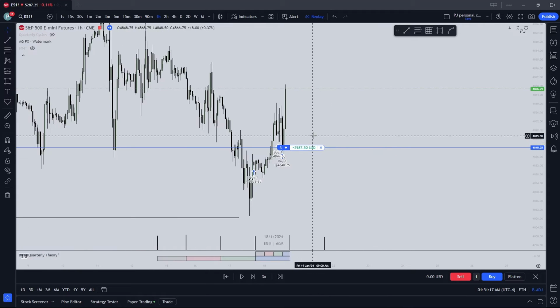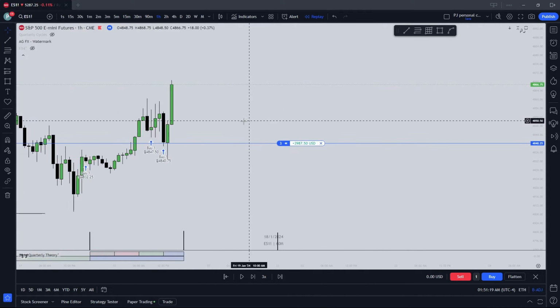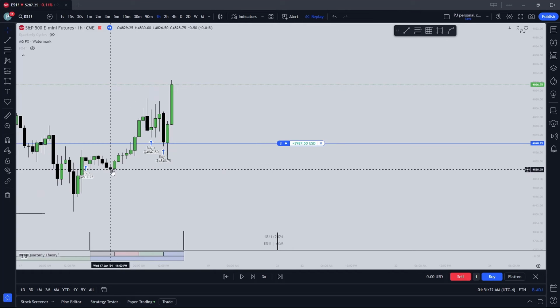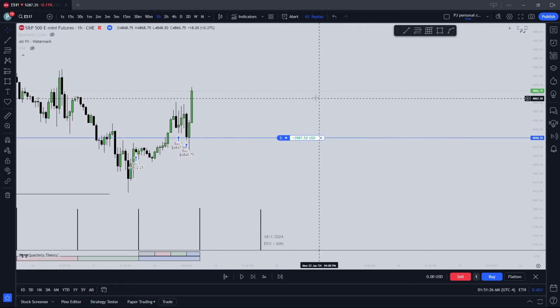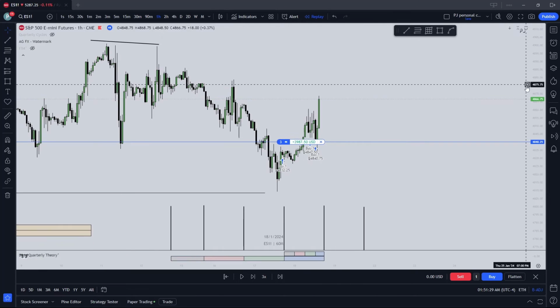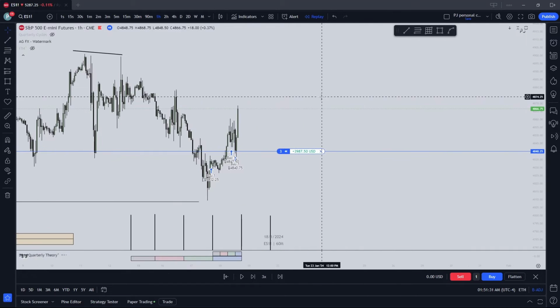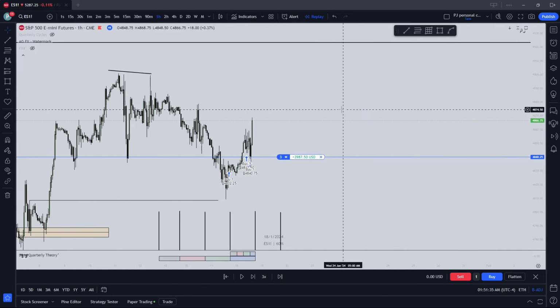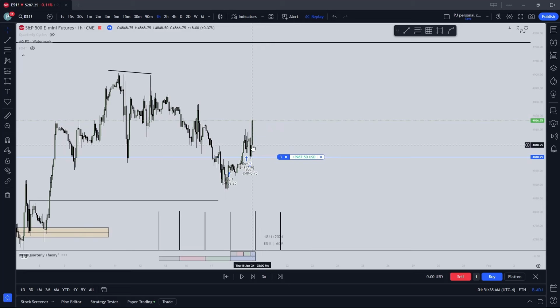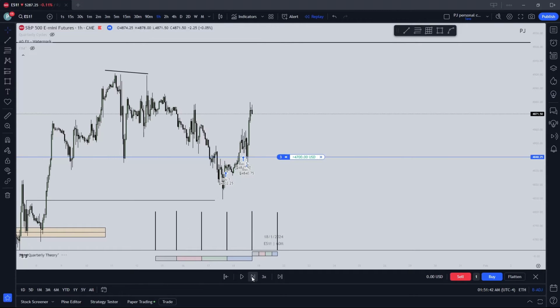It's kind of hard to see how far we wick down, but right back to the order block breaker. So now that we're in here, we're in a good level within the wick of FOMC. Nothing to do now but hold our 3 contracts till market close and just see what we do into Friday.